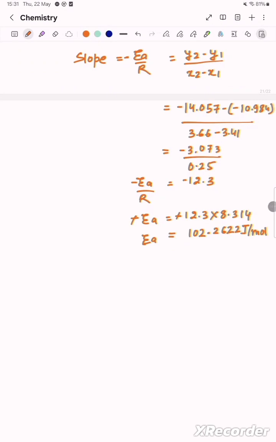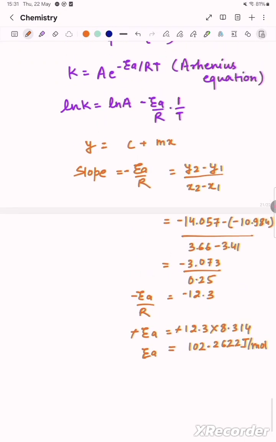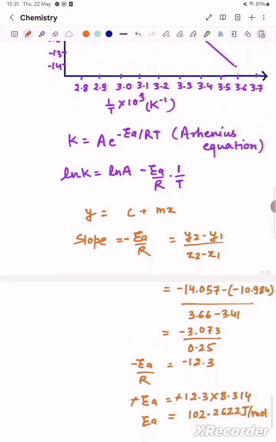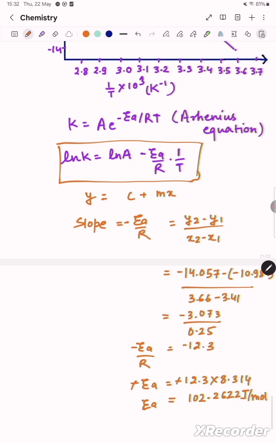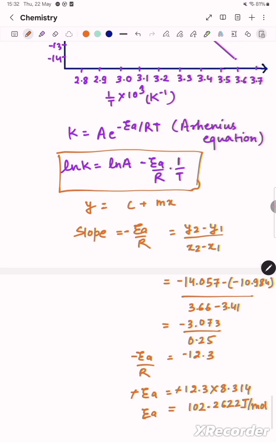Now we calculate the ln A value, because we have to calculate A value, and from this equation we calculate ln A value, that is ln K is equal to ln A minus EA by R multiply by 1 by T. So putting this value here, we know that EA value is calculated and R value we know, and temperature we take initial, that is 273 Kelvin, and ln K value is initial, that is minus 14.05.